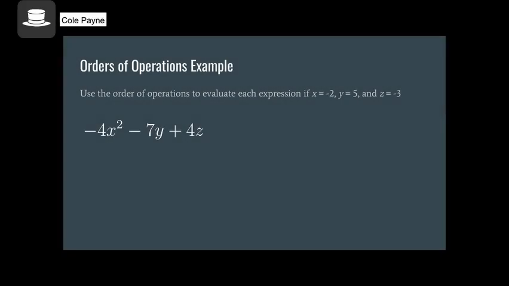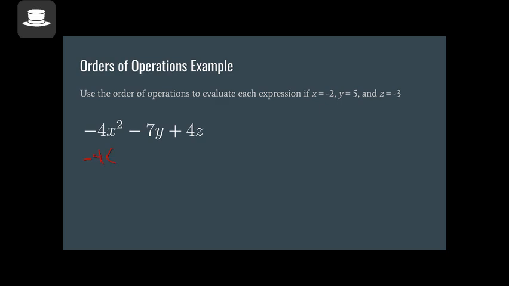So here's an example of using orders of operations. I want to use the order of operations to evaluate each expression if x is -2, y is 5, and z is -3. So what I'm going to do is substitute in each number for the corresponding letter.